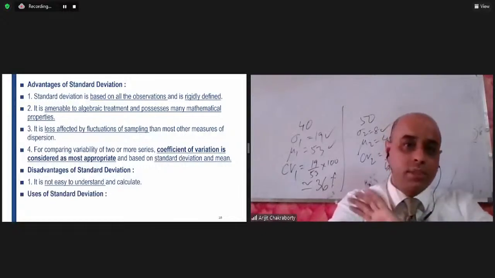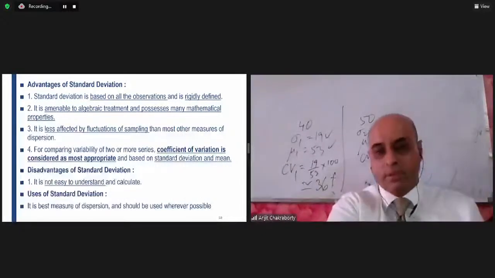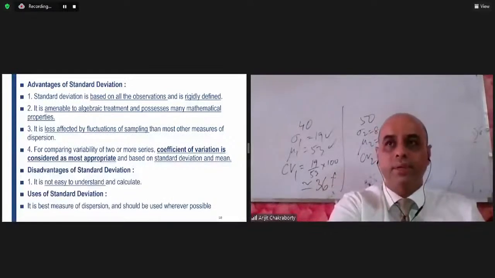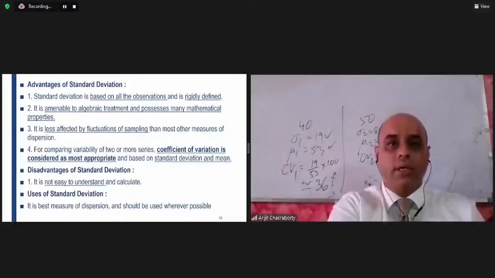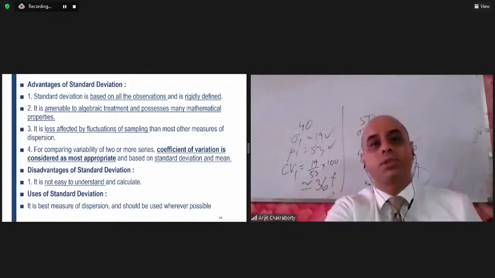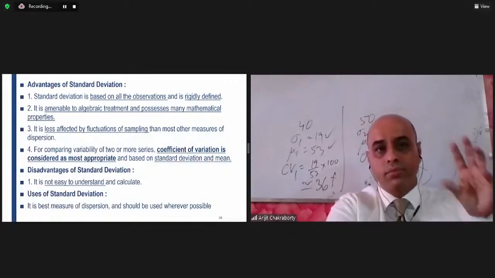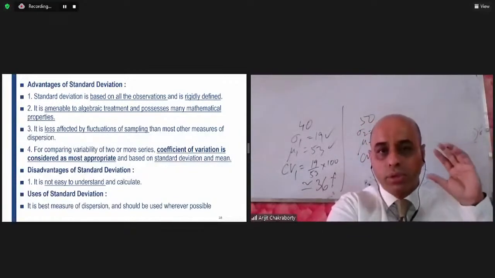Uses of standard deviation are vast, no question. It is the best measure, and wherever possible, we use it. In an exam, when we carry out a standard deviation calculation, we can get the variability of the scores, and see which class or group of students has the most uniform scoring.